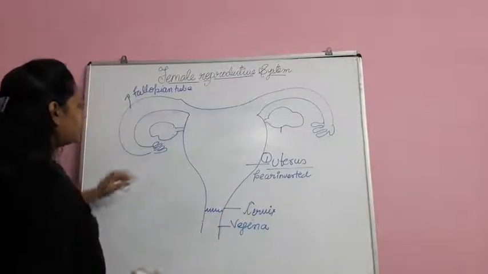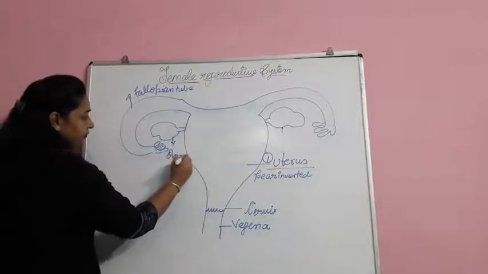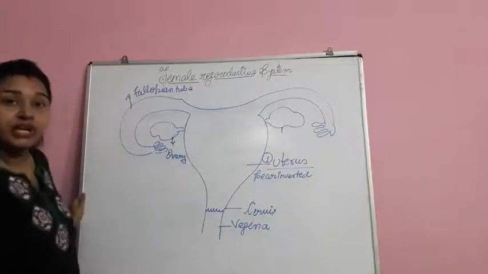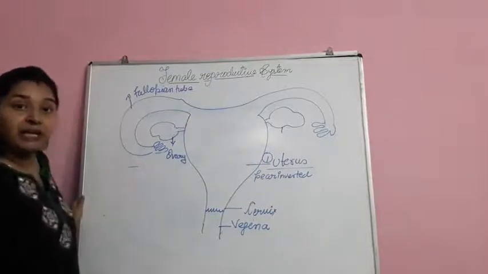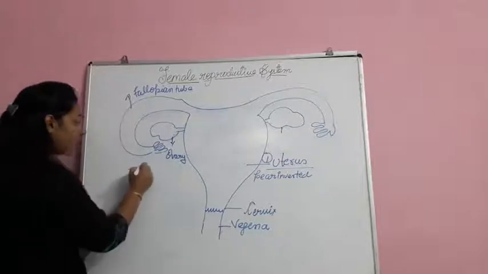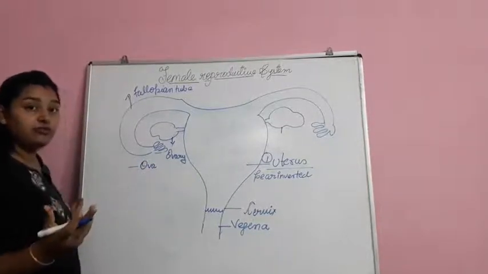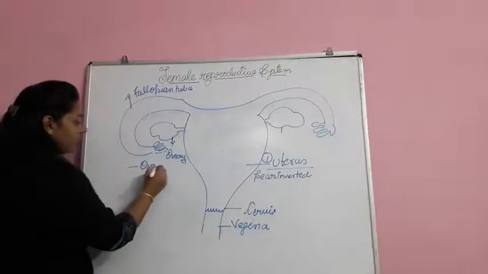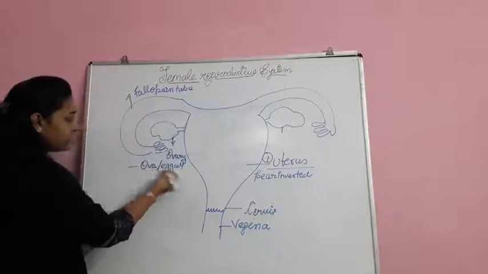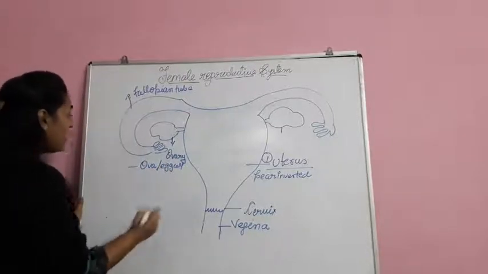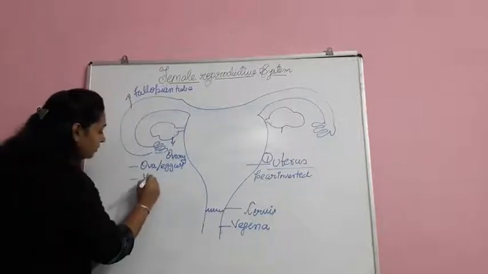As you know, this is the ovary, and it is responsible for producing the female gamete. That gamete is called ova, or in singular ovum, or you can also say the egg cell. You can say any of these words. Its other function is to produce hormones.